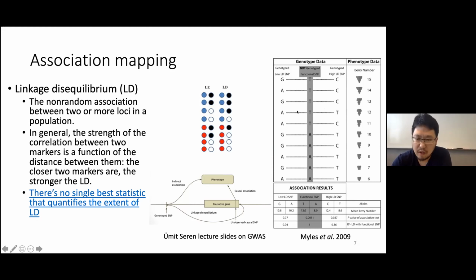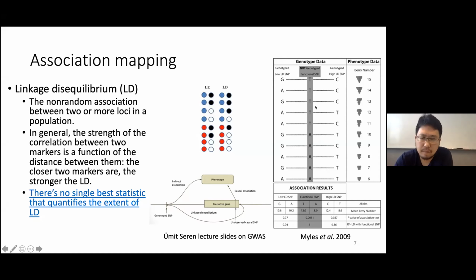Since we're not able to genotype this causal allele, if we can genotype this marker that is in LD with it, then we can test the significance of association with the trait. And if it's significant, then we're able to map the genomic region that contains this causal marker.